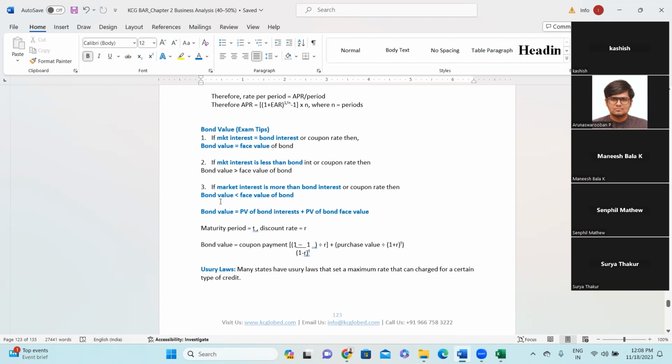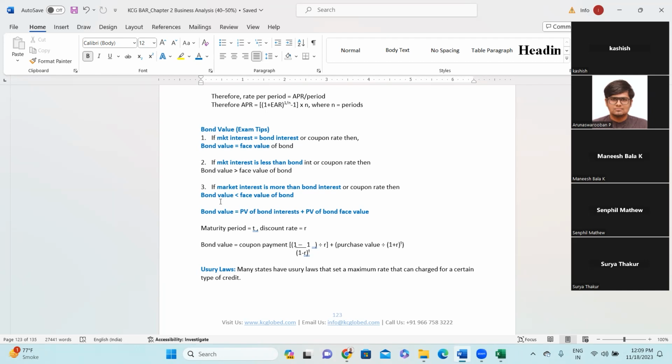Bond values. How do you calculate bond value? If market interest is equal to bond interest, what is the bond? First, what is a bond? Do companies issue bonds? No, a company issues shares, a company issues debentures, and a company issues bonds as well.